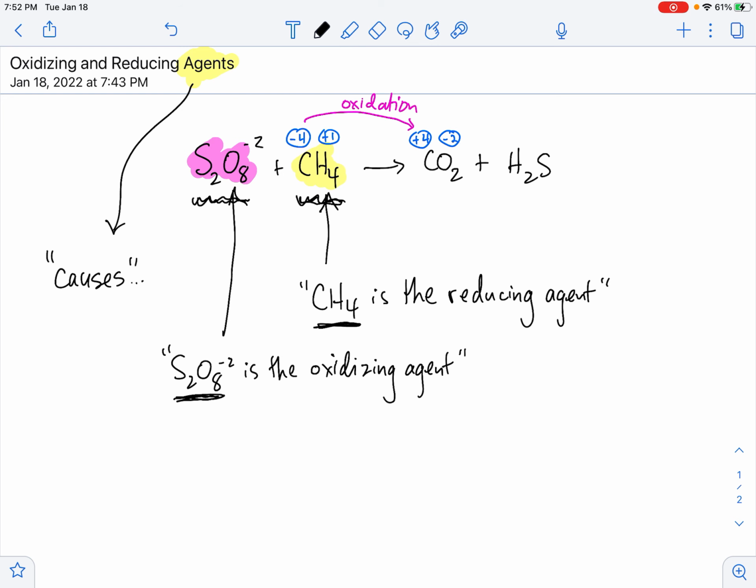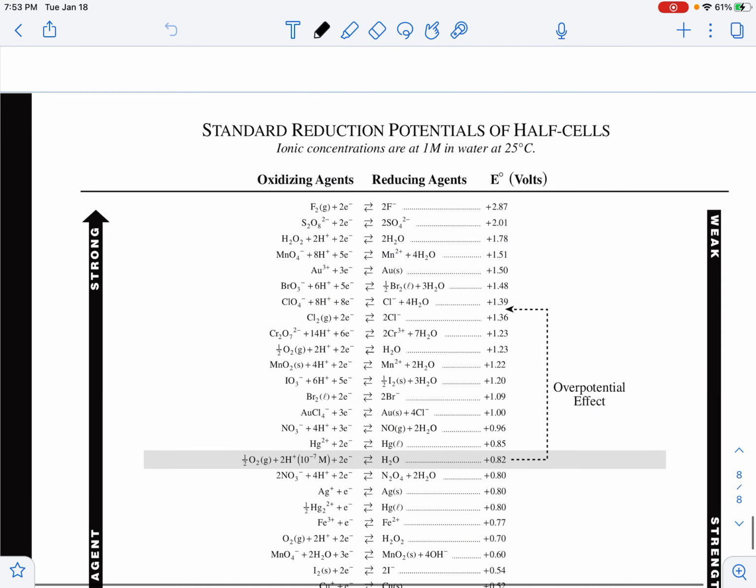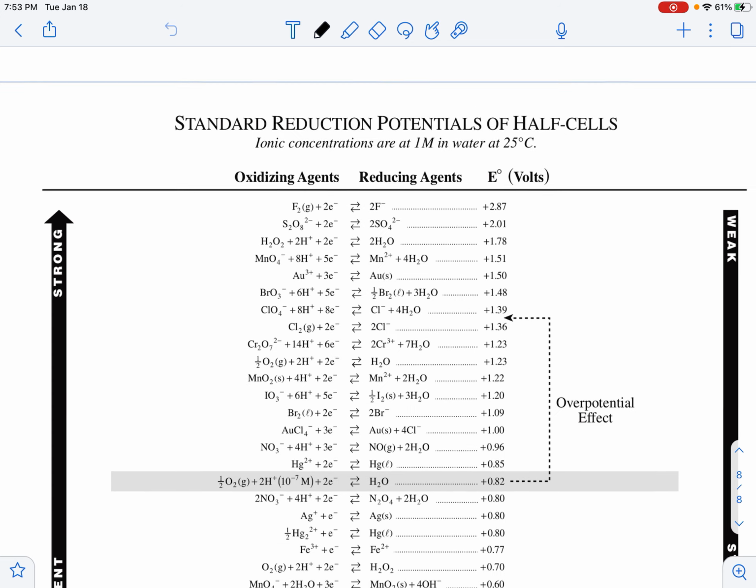That's first. The second thing, and everyone should have one out because this is a critical piece of information, is your data booklet. The very last page of your data booklet, the last table you're going to see, is called the standard reduction potentials of half cells.